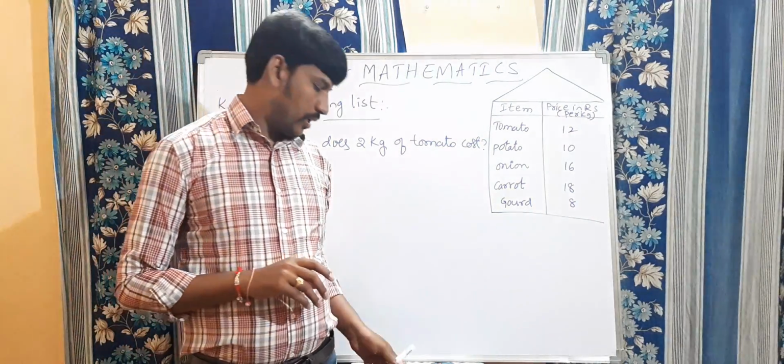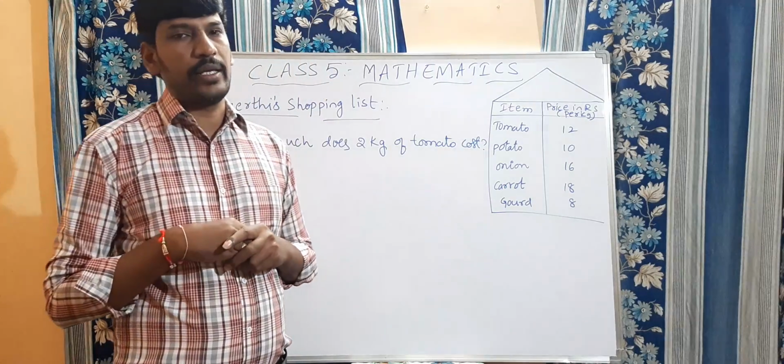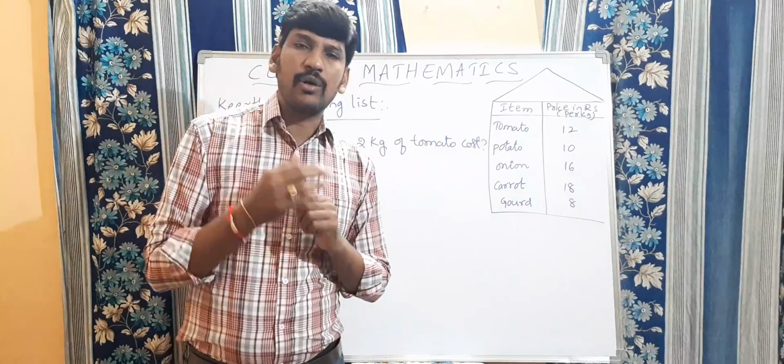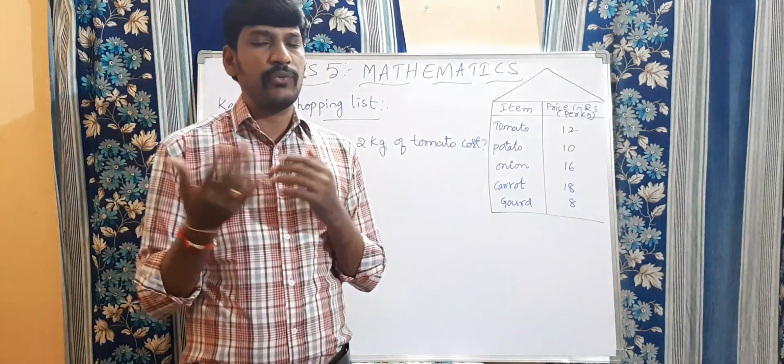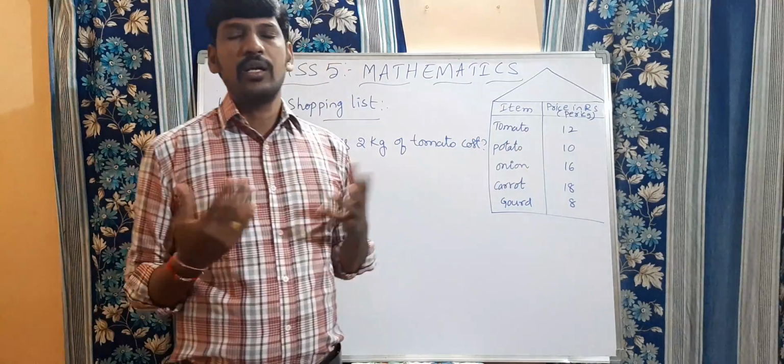What are you going to do here, add or multiply? 1 kg equals 12 rupees, then 2 kg equals 12 plus 12, which is 24. Or you can multiply 2 into 12, you will get 24.